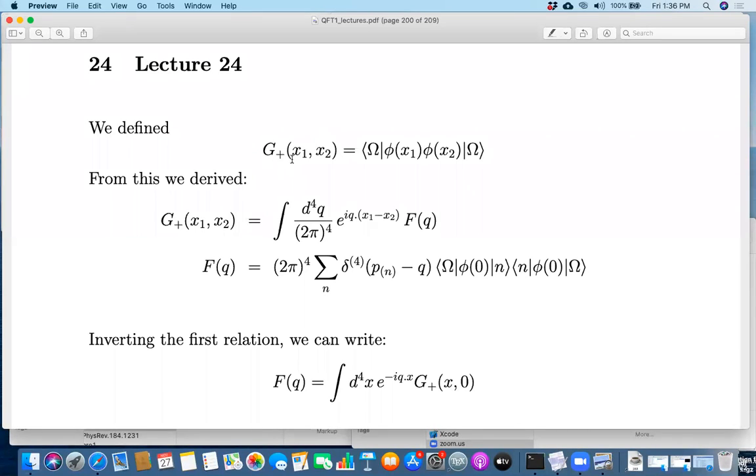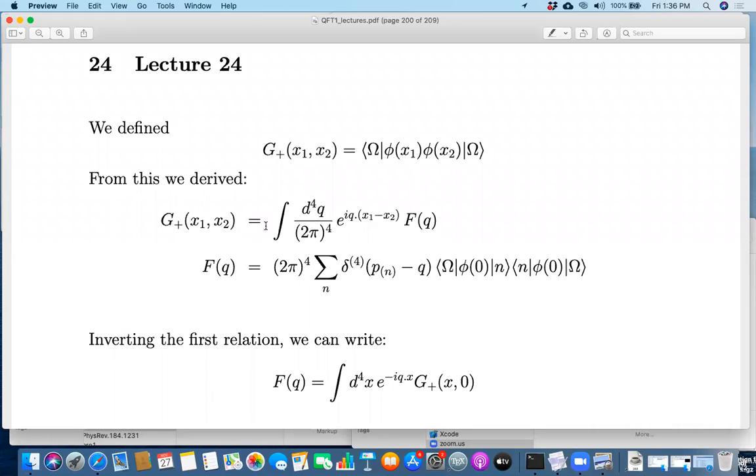We defined this Green's function G plus, which is the vacuum expectation value of the product of phi x1 and phi x2. And then we inserted a complete set of states between phi x1 and phi x2. From that analysis, we derived a certain set of relations, and the final form of the relations that we arrived at is here.